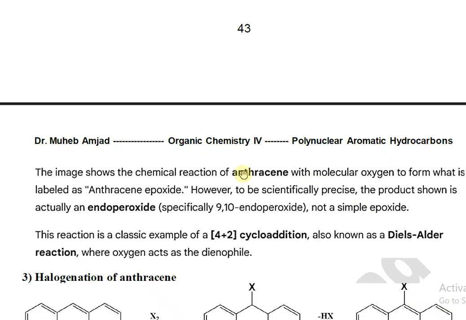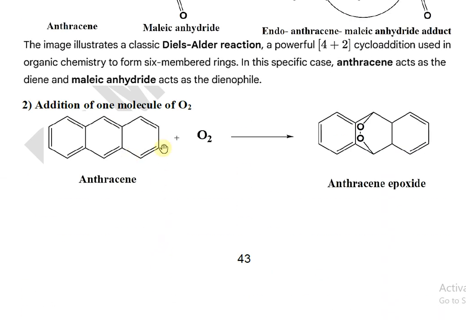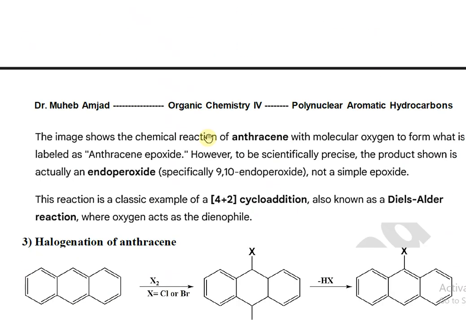It is not a cyclic epoxide here. The reaction is a classical example of a 4+2 cycloaddition, where oxygen acts as the dienophile. Because the two oxygen atoms are O=O, it is an example of this type of reaction.